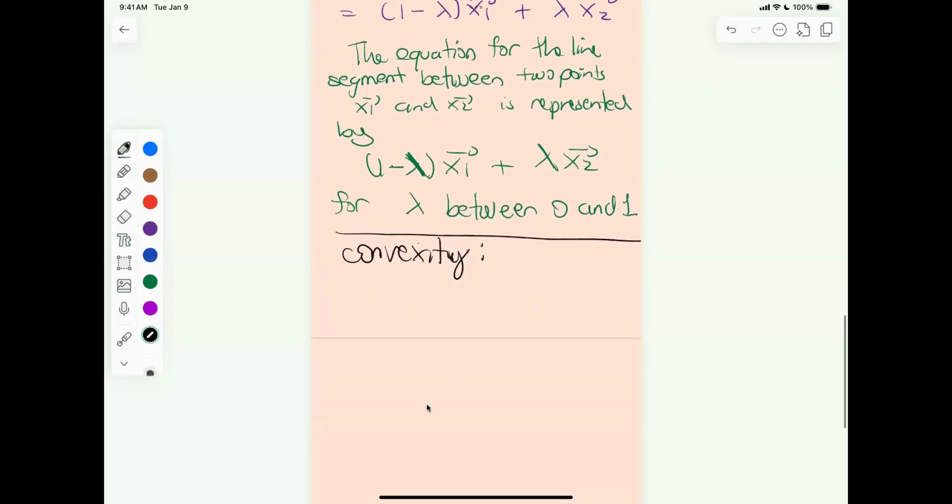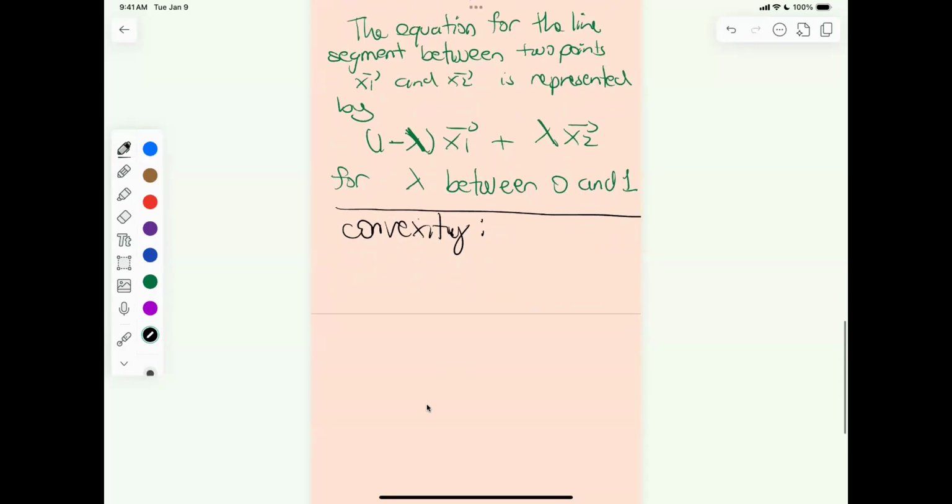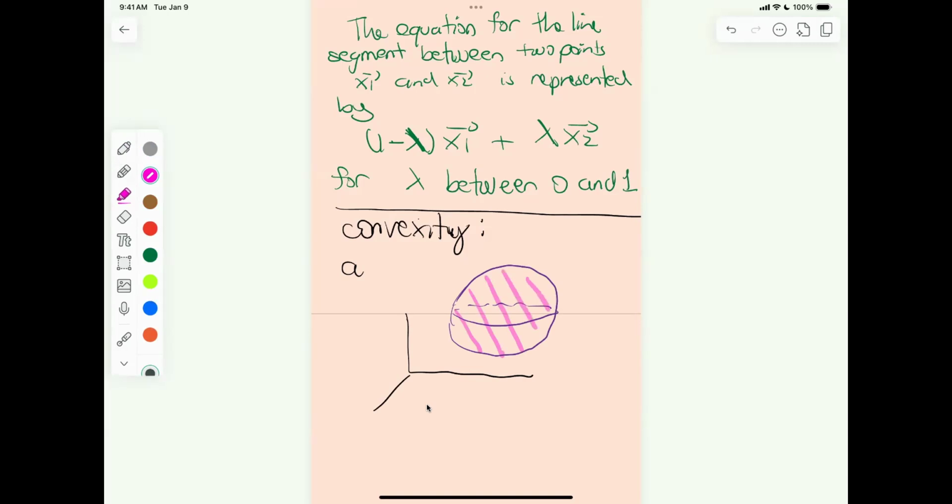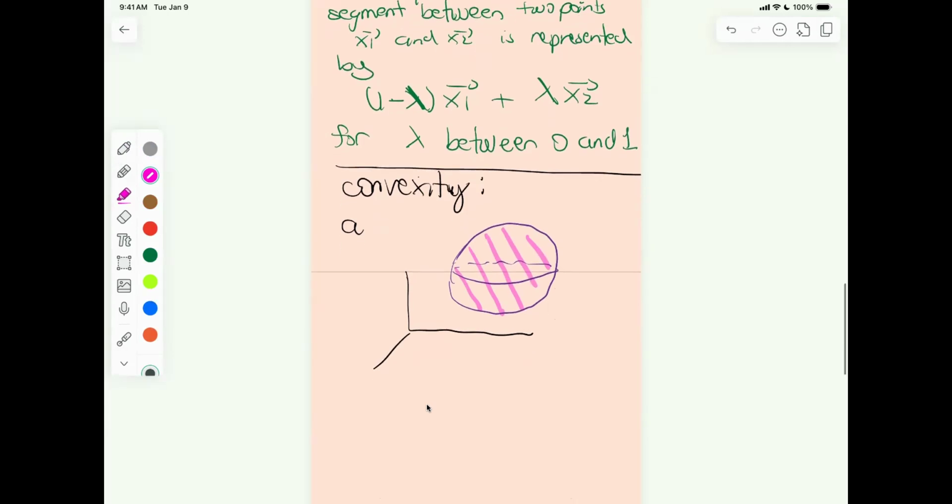The idea is that a region is convex if... let's say I draw the picture in R3, though it doesn't have to be in R3. I'll draw something that looks like a sphere, something that is actually convex, and think of my region as the inside of this sphere.